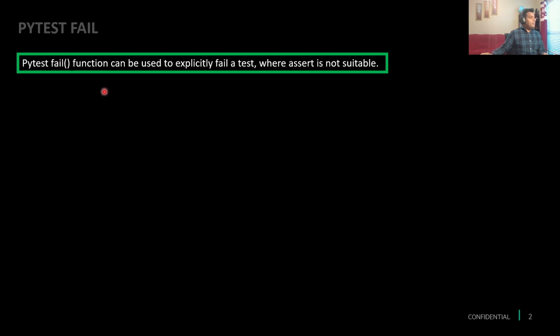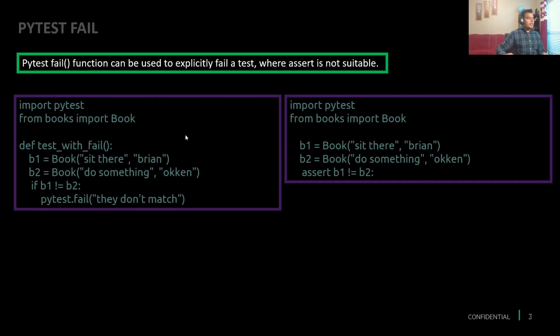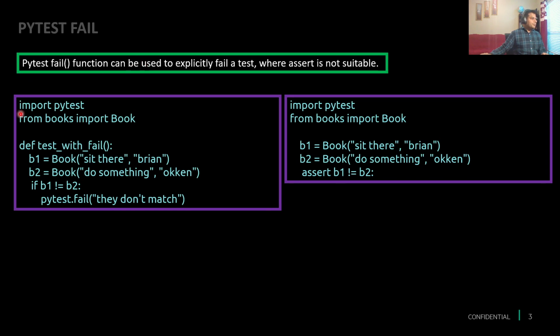So fail can be used to explicitly fail a test where assert is not suitable. If we want to write our own way of failing the test cases, we can call the fail function wherever we want. We can take a look at this example.